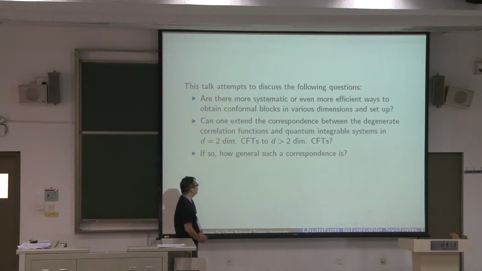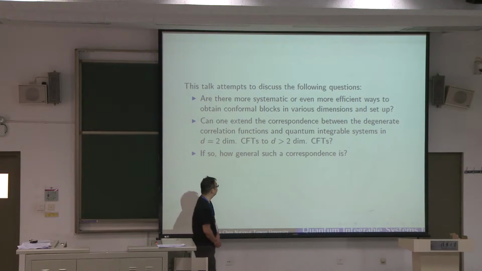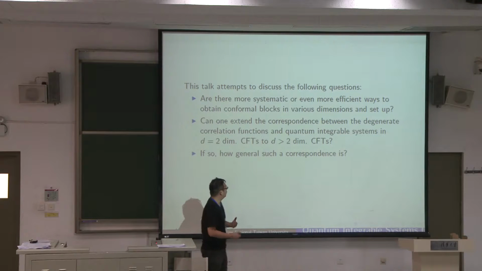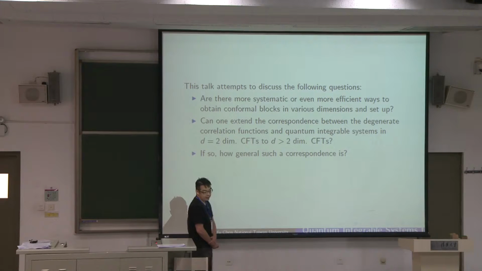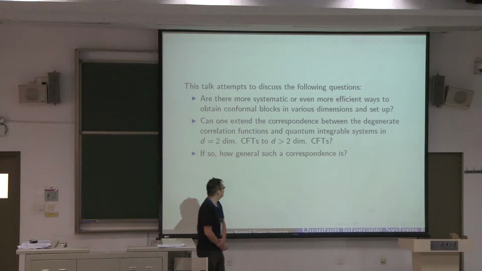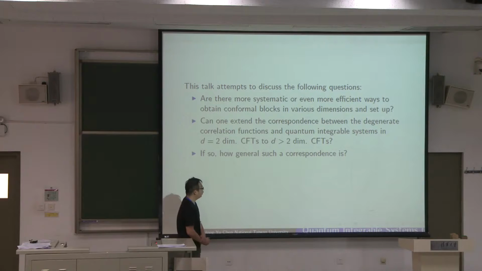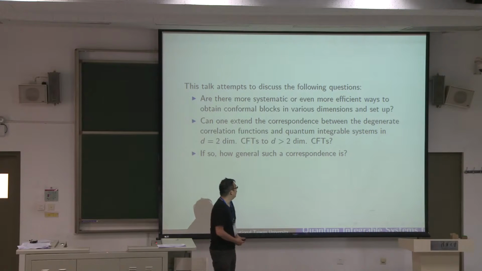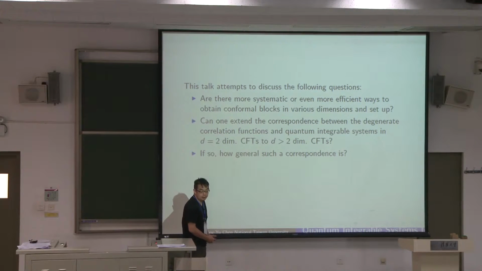But I think this story is actually kind of new, but also old, because the lesson we are trying to draw here is: can we generalize the beautiful correspondence which people learn when they study two-dimensional conformal field theory, basically the correspondence between the correlation functions with a degenerate vertex operator inserted, and the eigenfunctions of a Hamiltonian in an integrable system? And the question is: can we generalize those things from two-dimensional CFT to higher dimensions?